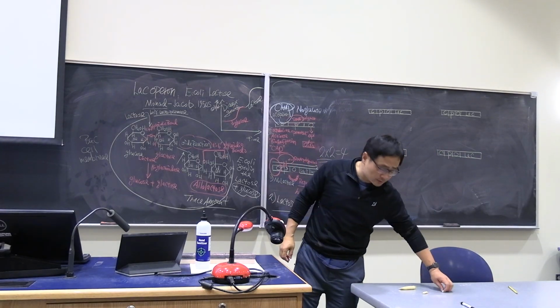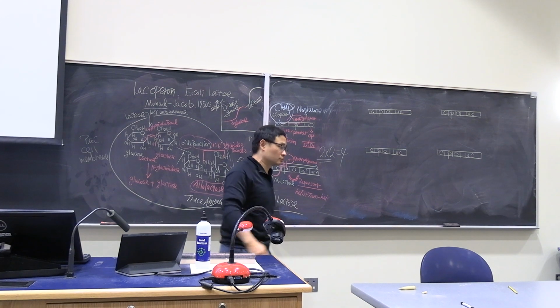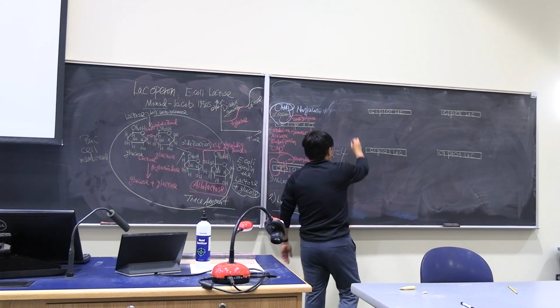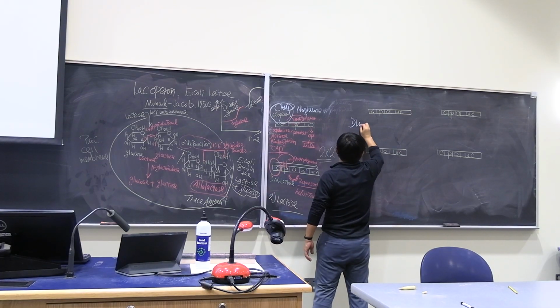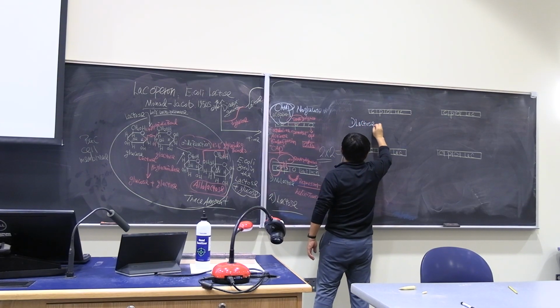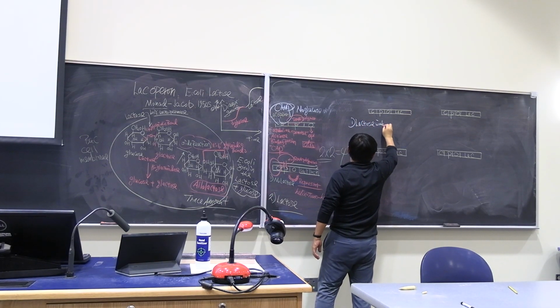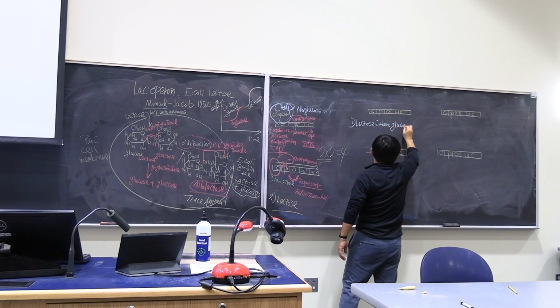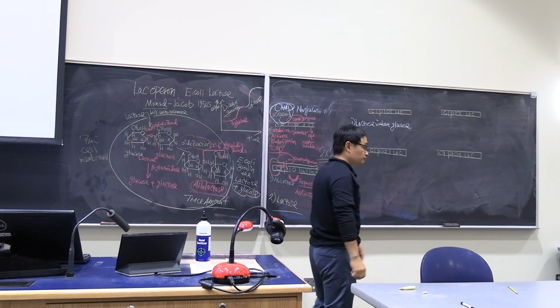With the presence and absence of glucose and lactose, there are 4 different scenarios. First scenario: there is lactose but no glucose. What will happen?